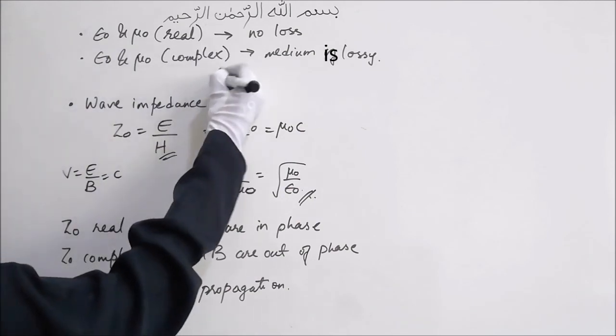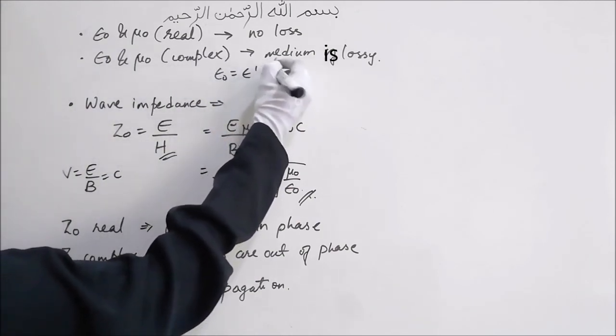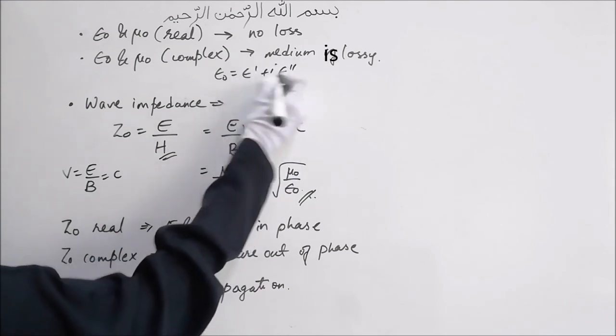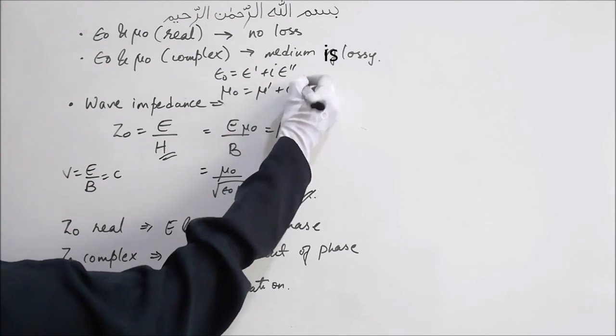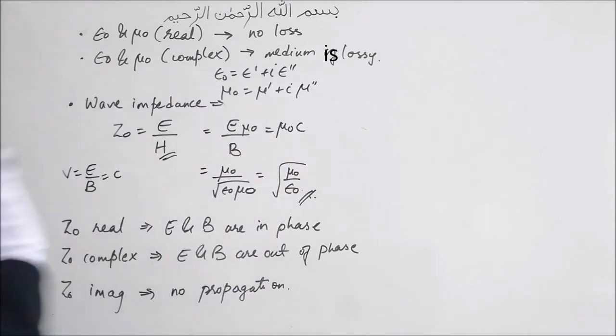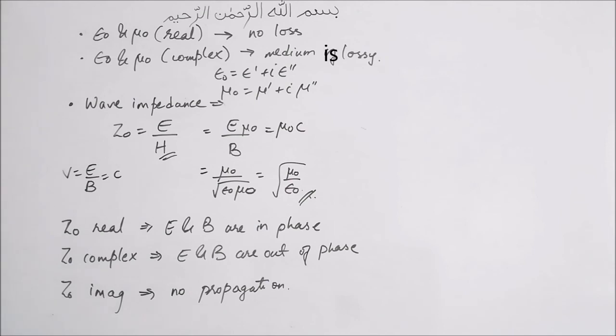Since it is a complex quantity, we can write epsilon naught as epsilon dash plus I epsilon double dash, the real part and the imaginary part. Similarly, we can write mu naught as mu dash plus I mu double dash. The real part is the part which stores the energy, and the imaginary part will give us information about the loss of energy.